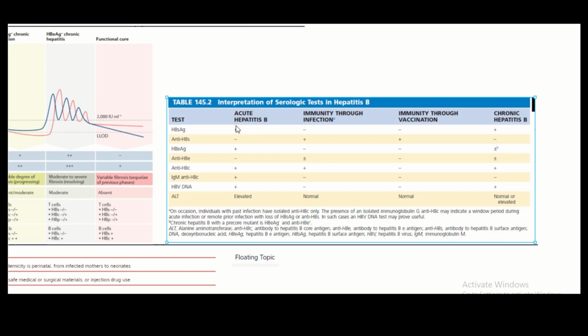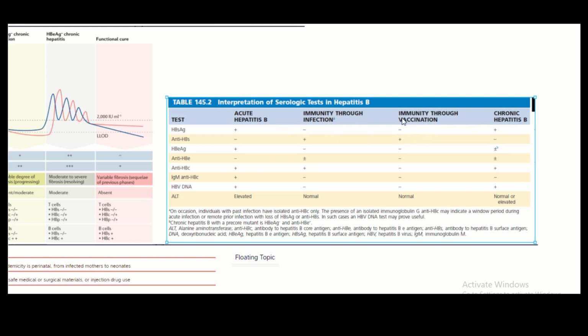Then we can have the immune person. We have two types: a person who is immune through infection or through vaccination. The thing to remember is, since the person is immune, he will not have markers. The person will not have HBs antigen, will not have HBe antigen, and will not have DNA.